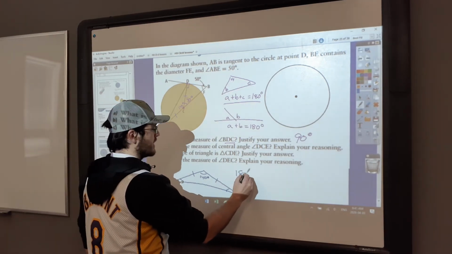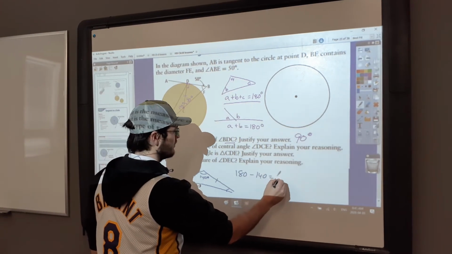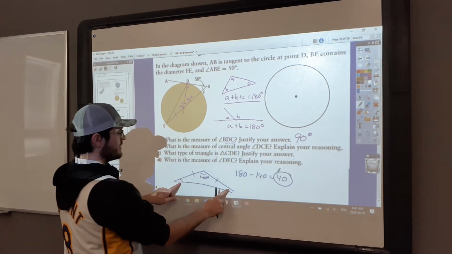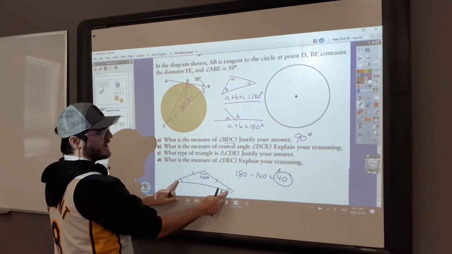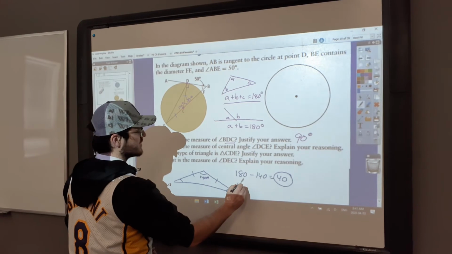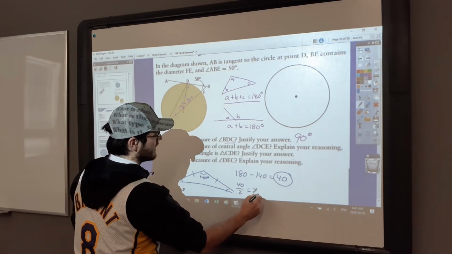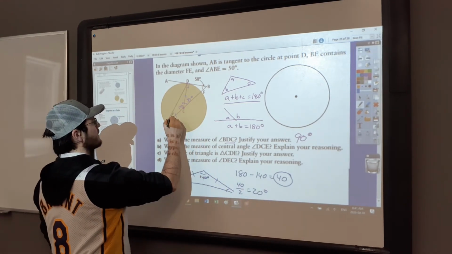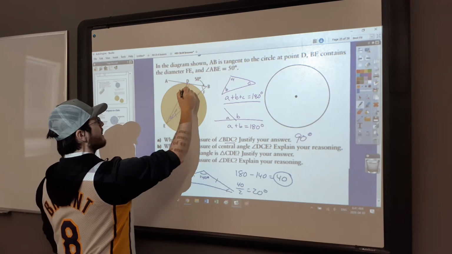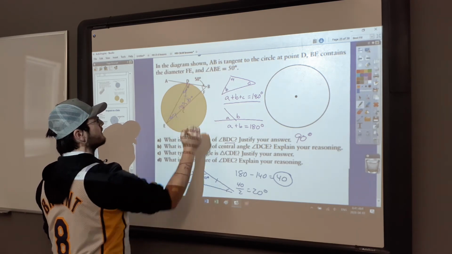So 180 minus 140 gives me 40 degrees. These two angles have to be the same and they have to add up to 40. So we can just do 40 divided by 2 and that gives us our 20-degree angle. So this is 20 and this one is also 20.